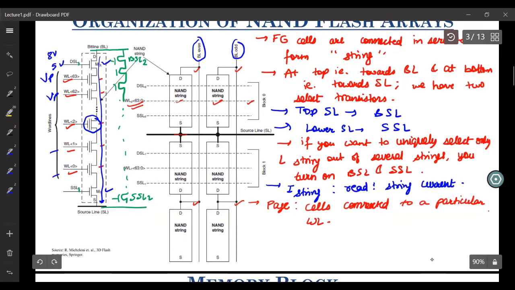Similarly, this word line goes through a cell in this string, a cell in this string, and several such strings. Corresponding to this word line, all these cells connected to it form a page. And what is its importance? A page is the smallest addressable unit.